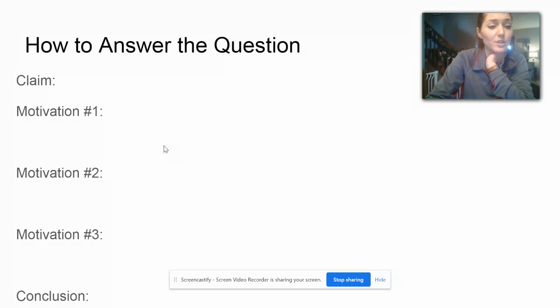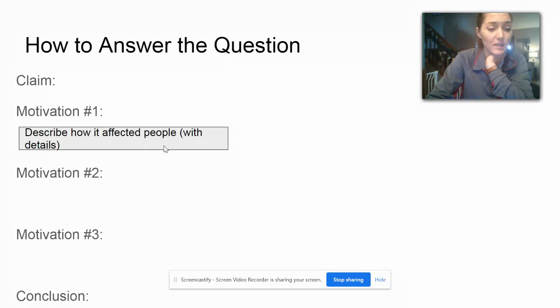For each motivation, remember to give some details describing how it affected people, so the effects that motivation had. So you would say motivation number 1, Europeans were motivated by this, and this caused blah, blah, blah. For example, in Africa, or for example, in Latin America, for example, in Asia.